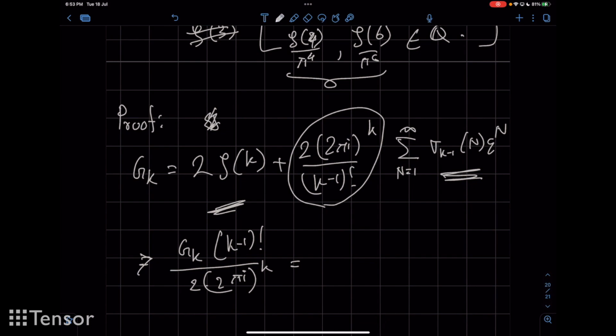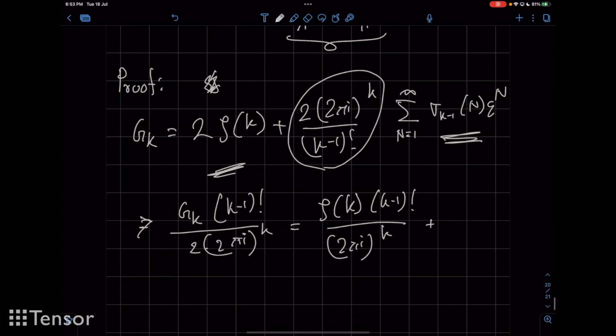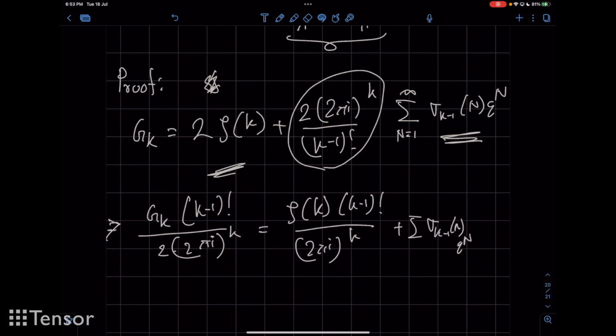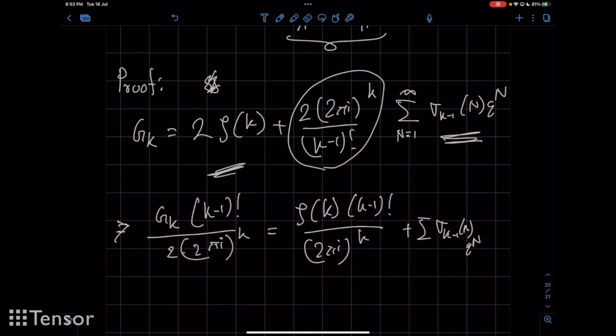This is equal to zeta of k times (k-1) factorial over (2 pi i) to the power k, plus a sum of sigma_{k-1}(n) q to the n.